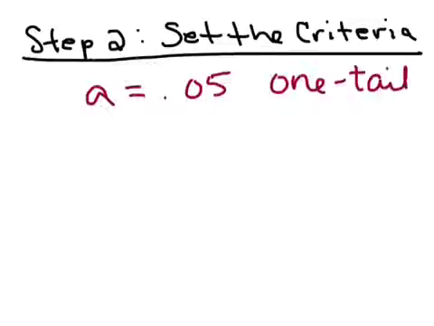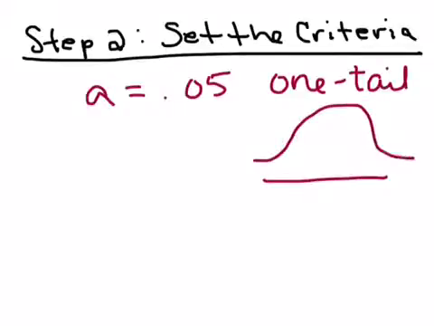So you need to look in your unit normal table. In your textbook, it starts at page 477. Now with a one-tailed test, we're going to put all of that 0.05 into one tail, in this upper region, because anything that falls in here is significant. So this is 0.05 here in the tail.